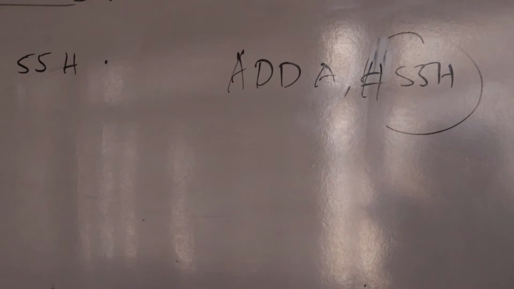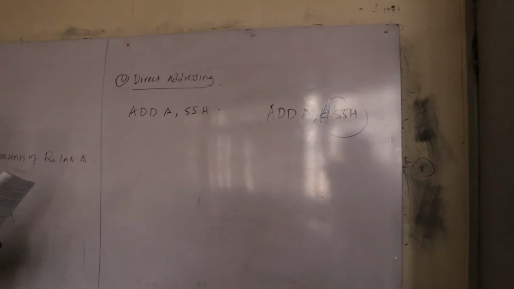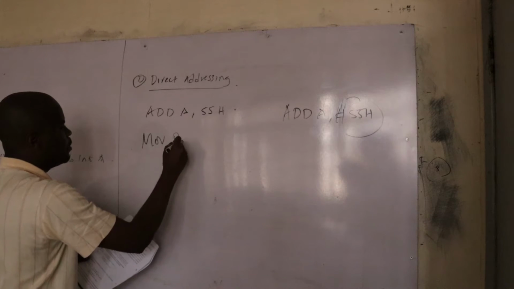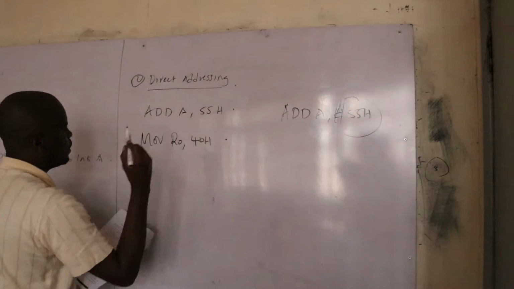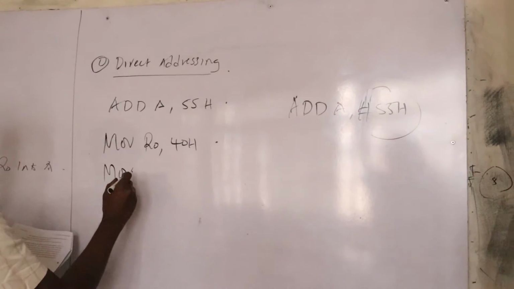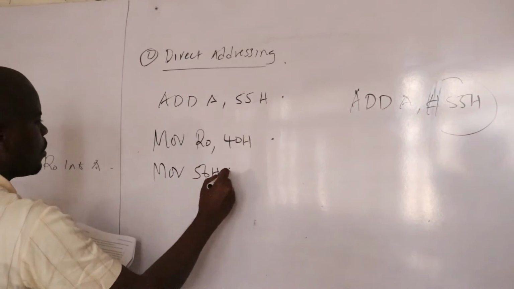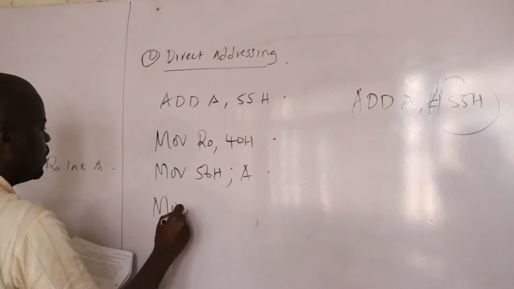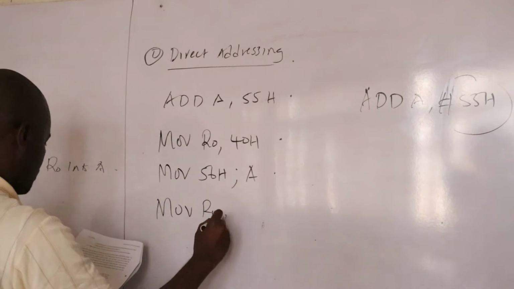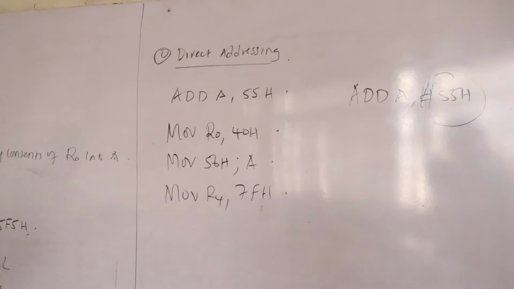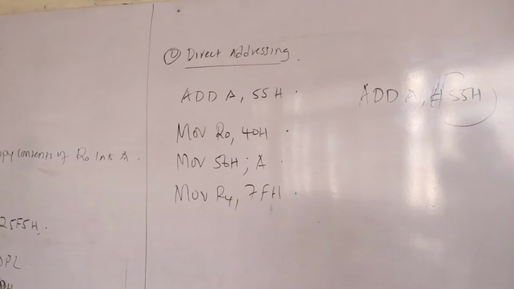For example, you can talk of MOV R0, 40H, or you can talk of MOV A, 56H, or you can also talk of MOV R4, 7FH. Those are other examples of direct addressing mode.